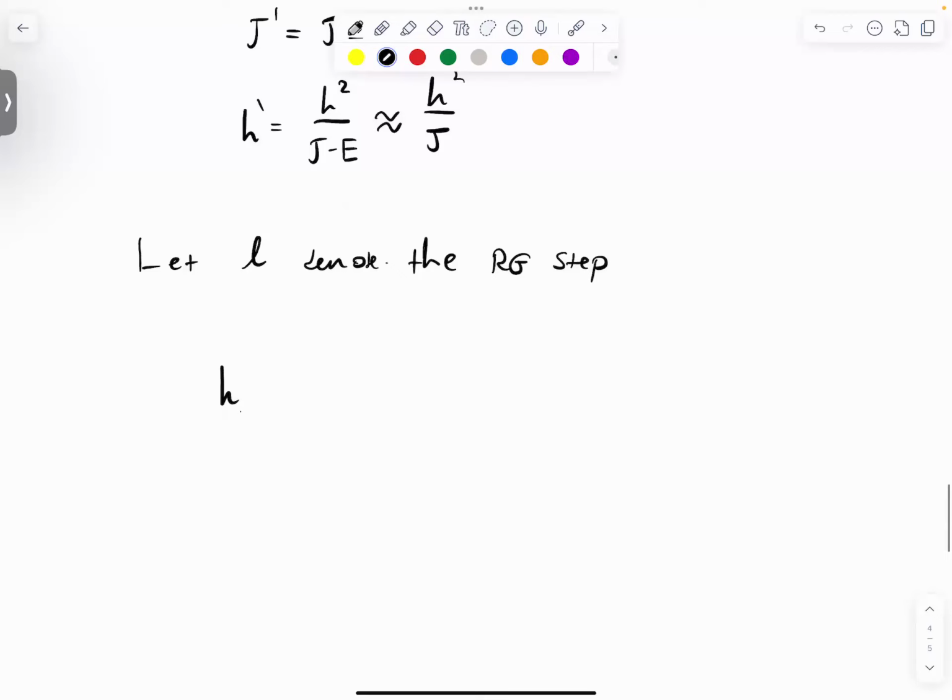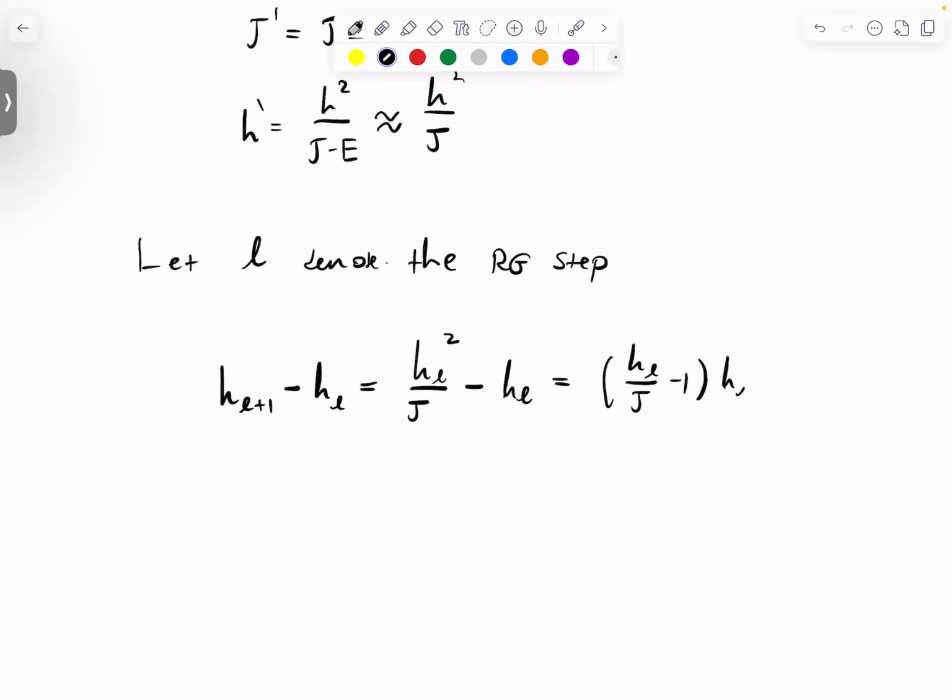Then we can write something like H L plus 1 minus H L is equal to H L squared divided by J minus H L, which is actually H L over J minus 1 times H L. And now, without loss of generality, let dL be equal to 1.